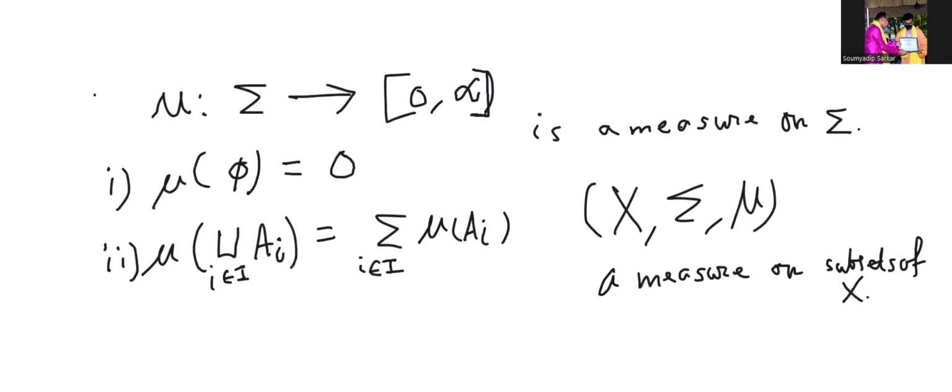So what we call an extended positive real number. So the measure of some particular subset can also be infinite in some model of measurable space. You can create a measure on measurable subsets of X following these rules, where some sets might have infinite measure.